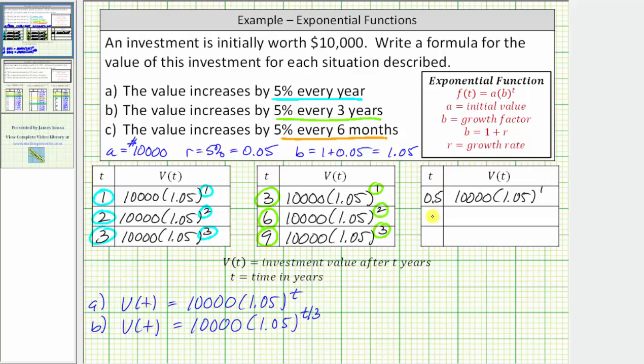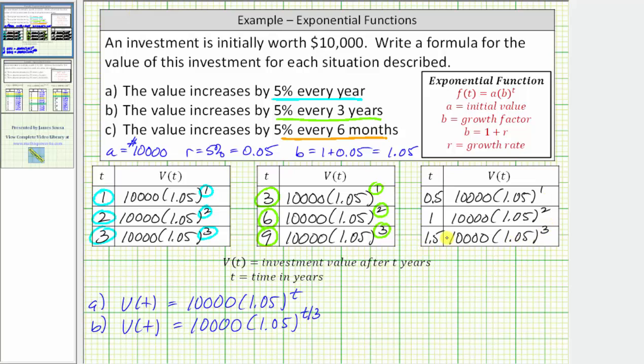After 1 year, or when t equals 1, this would be two 6-month periods, and therefore the value increases by 5% twice, and therefore the value would be 10,000 times 1.05 raised to the second power. After another 6 months or half a year, or when t is equal to 1.5, the value increases by 5% 3 times, and therefore the value is 10,000 times 1.05 raised to the third, or 1.05 cubed.